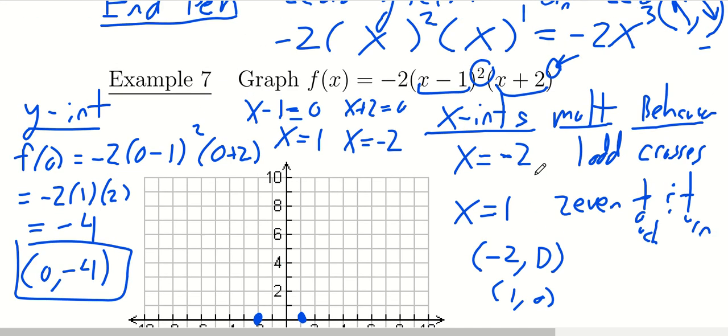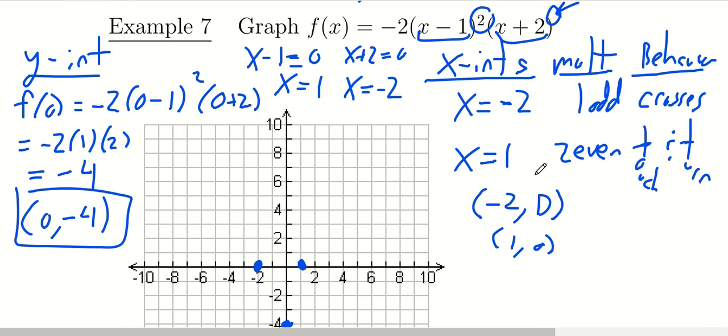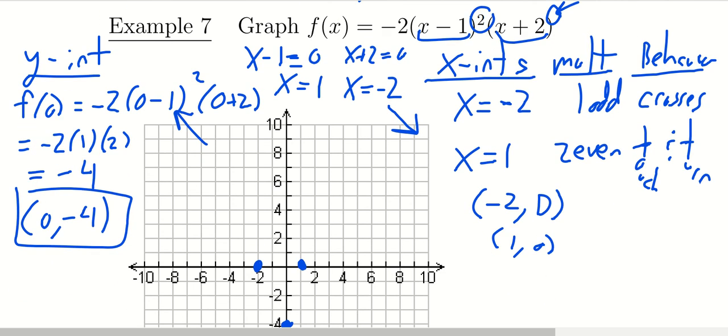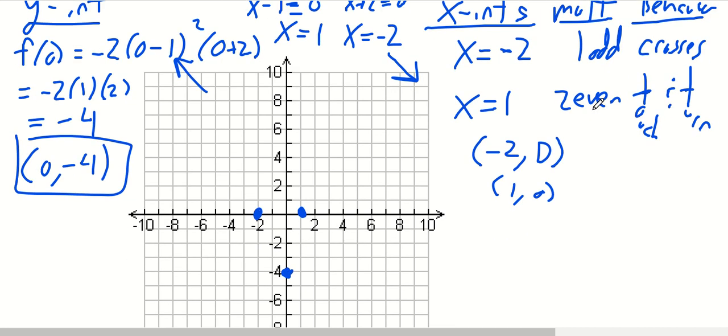Remember, the end behavior for this one should be that it's going to go up to the left, and it's going to go down to the right. You can check this one for symmetry. It's going to be a little bit more involved work, but you would probably have to expand it all the way out and do a test. This function will be neither even nor odd, so we don't get any kind of symmetry with it.